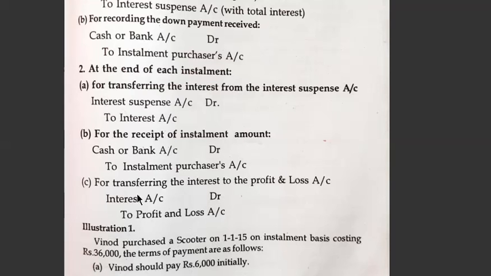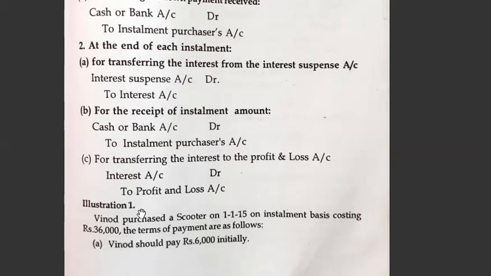For transfer of the interest to the profit and loss account: Interest account debit to Profit and loss account. So these are the entries to be passed: one is the interest entry, another is the installment entry, and another is the transfer entry. Three entries will repeat in each installment.